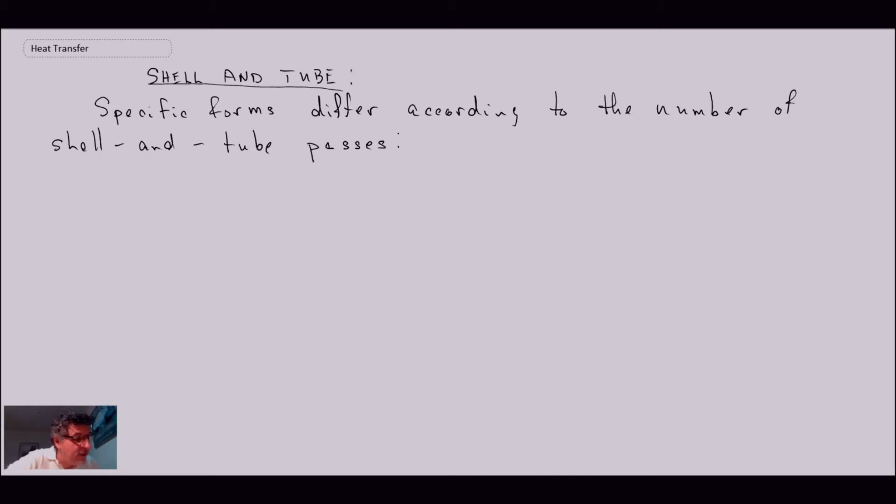You can have two shell units sitting next to each other, shell and tube, and then you would be going through two shells there. Or the tubes, you can actually have them do multi-pass in a single unit. There are all different types of geometrical configurations that you can have for this. But let me just show you the most basic one.